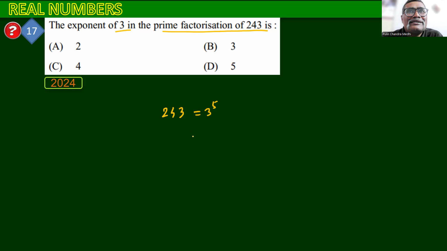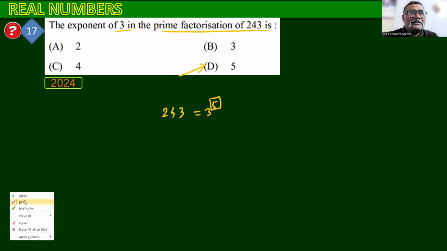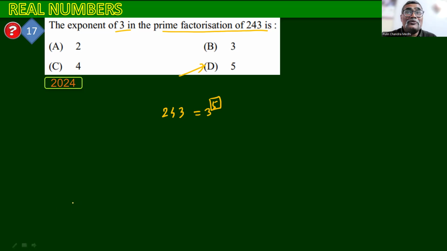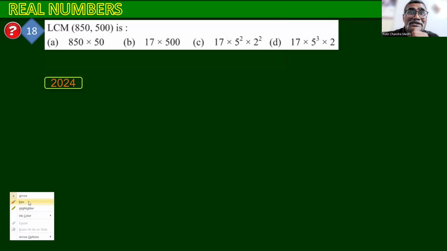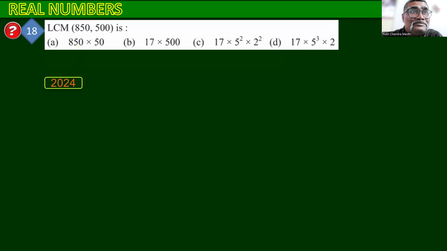Because 3 to the power 4 is 81. 81 into 3 is 243. So what is the power here? 5. So this is the answer. If you know this oral computation of 243, it will not take even 5 seconds, right? Okay. I'll tell you why I still know this. These questions are easy. Why I'm taking them in the revision, I'll tell you at last.